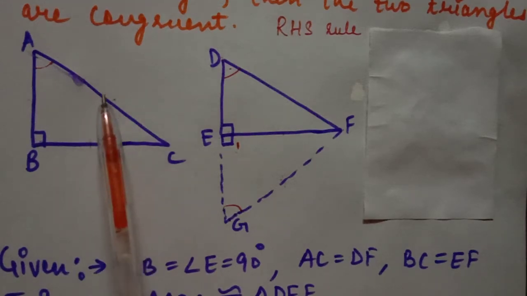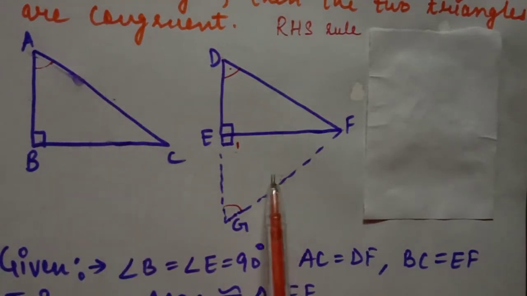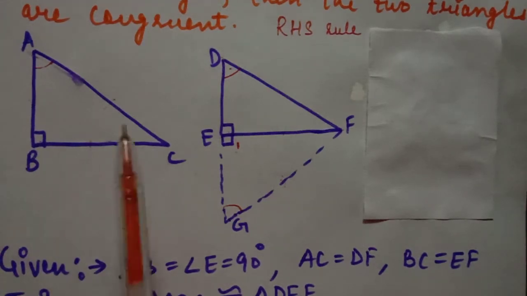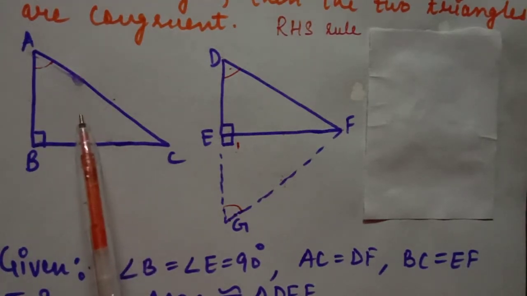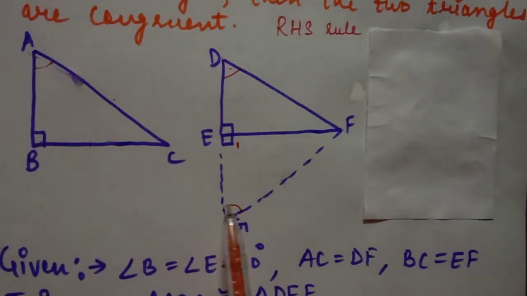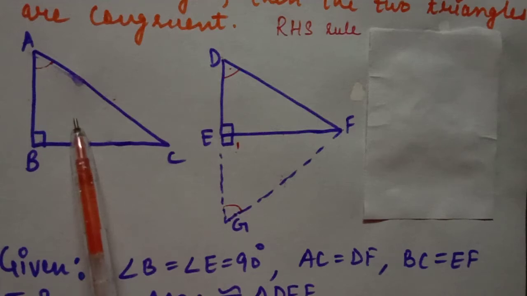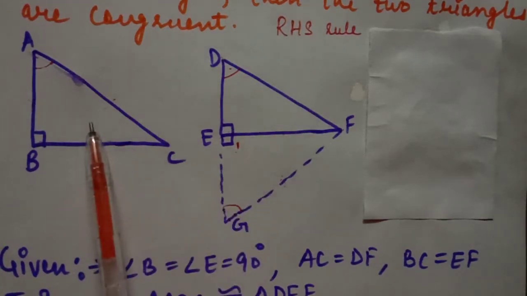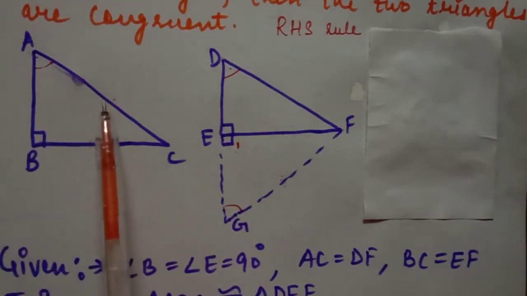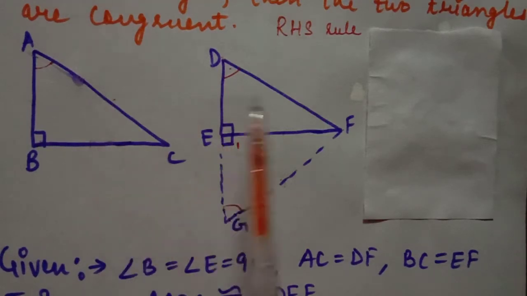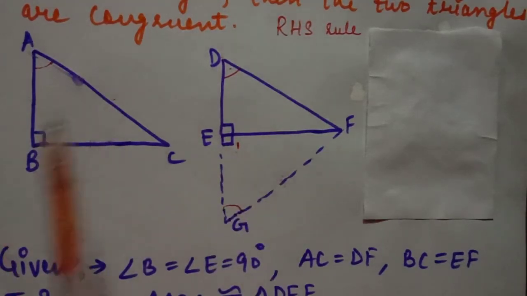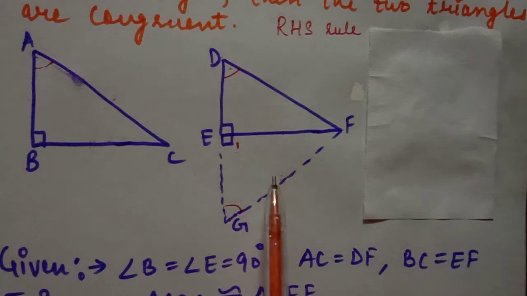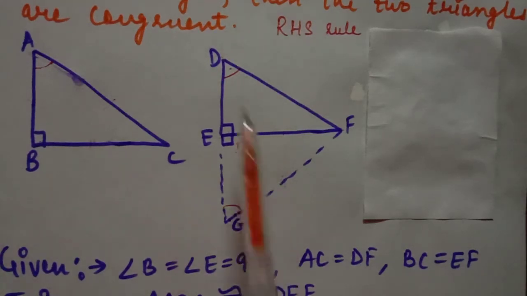By the congruency, AC is equal to GF by CPCT, corresponding parts of congruent triangles, and angle A and angle G are equal to each other. So in these two triangles, we took two parts as CPCT. We know it very well, it is given that AC and DF are equal to each other. But now we proved AC and GF are also equal to each other.